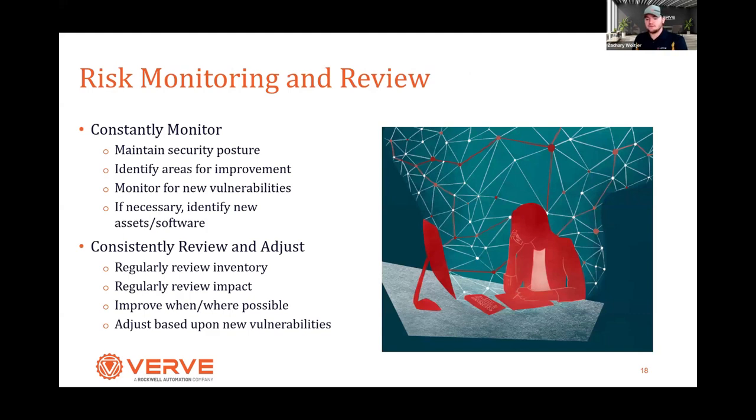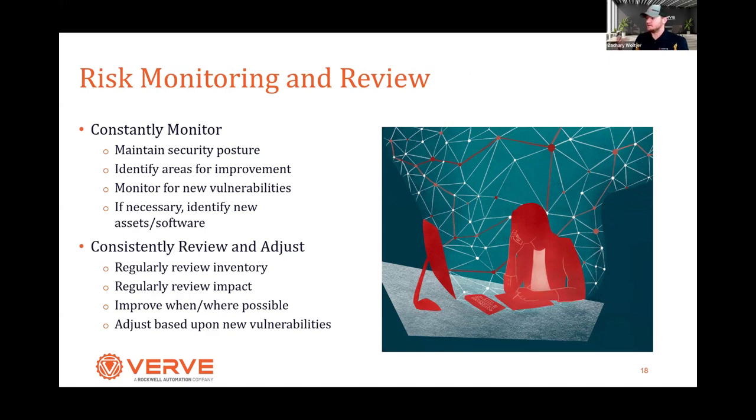So, risk monitoring and review. As I was foot stomping before, this is a constantly ongoing process. You've got to continue to monitor and keep your security posture as strong as possible.